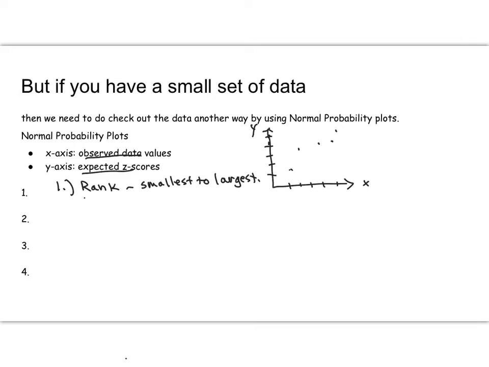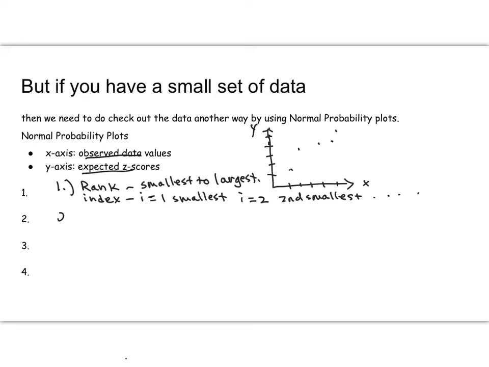And that's called an index. I equals 1 would be the smallest data value. I equals 2 would be your second smallest data value. And so on.